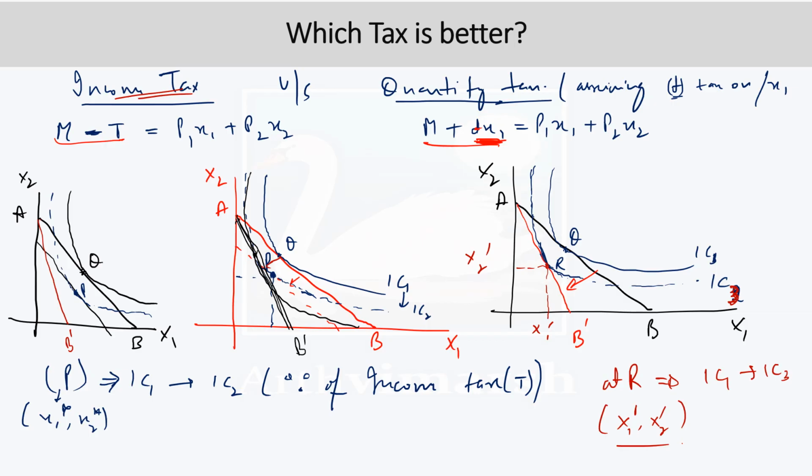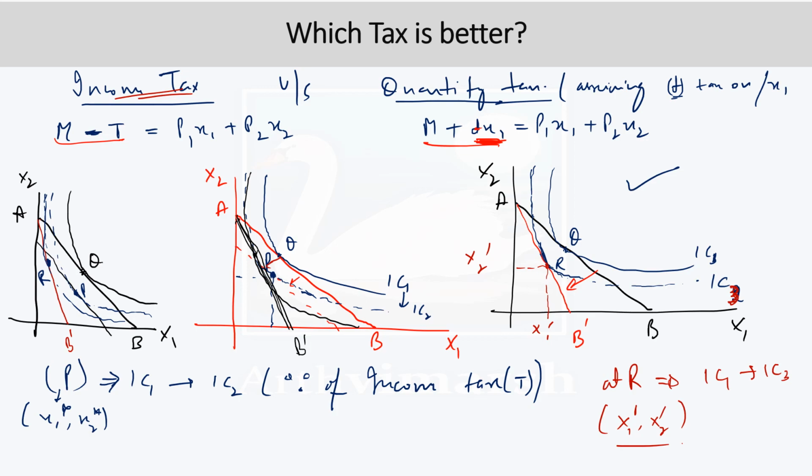Finally, what you get as an optimal combination on this line is the point where the budget line is again tangent. So say for instance it's tangent somewhere here, so it will be a point somewhere here, like the point R which we had discussed in this figure.